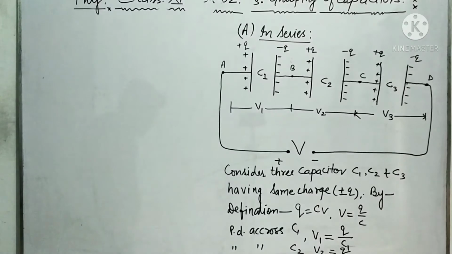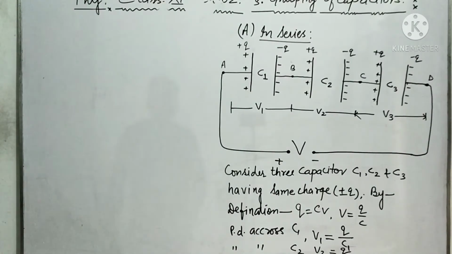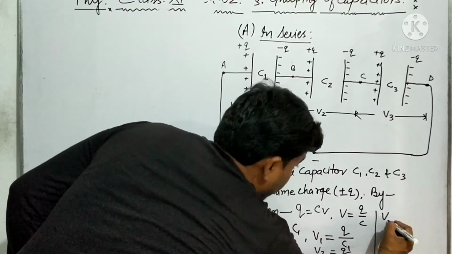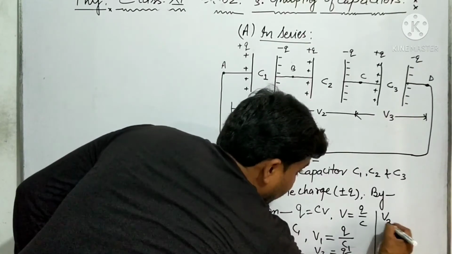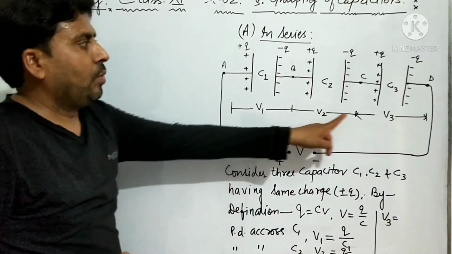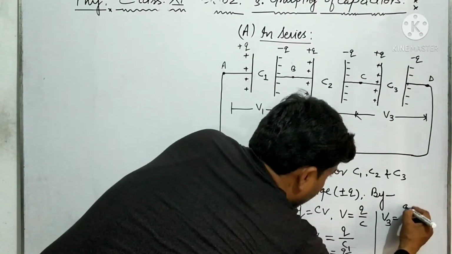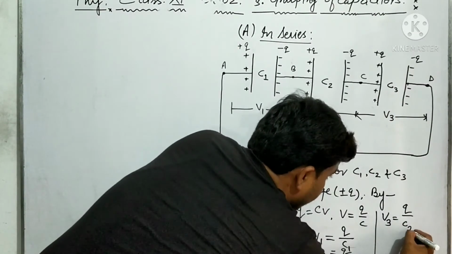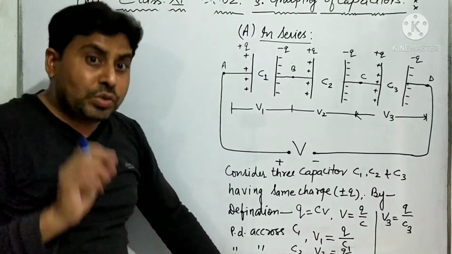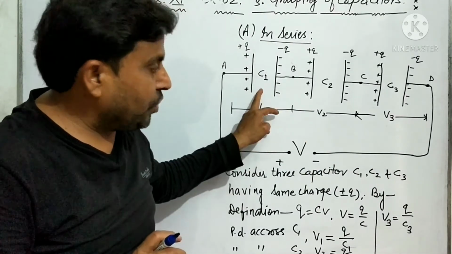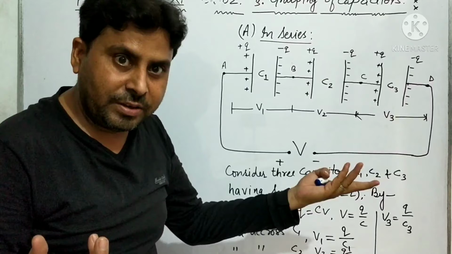I will observe the board. Yes, all things are right. And next one, last, that is potential across third capacitor, V3 equal to Q over C3. So these are the potential differences across C1, C2 and C3.